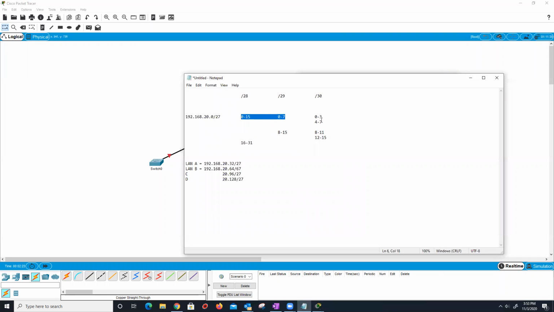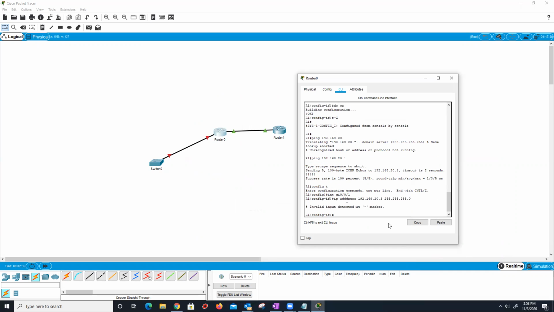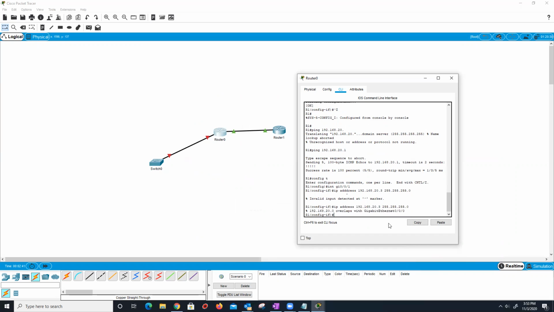We've only got 0 to 1 here, so I'm just going to try to do .3 255.255.255.0, and you'll see, if you spell it right, you should get an invalid address because it overlaps. Because I've tried to put this .3 with a /24, which is part of or overlaps with my .0/30.